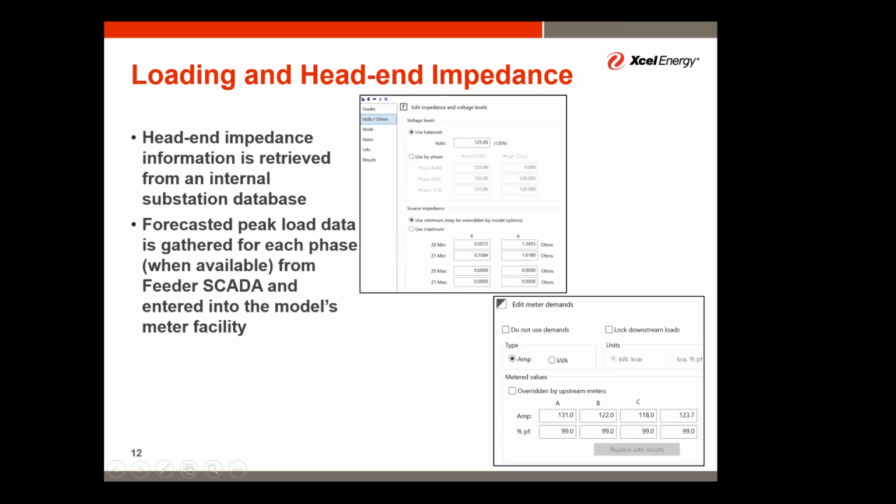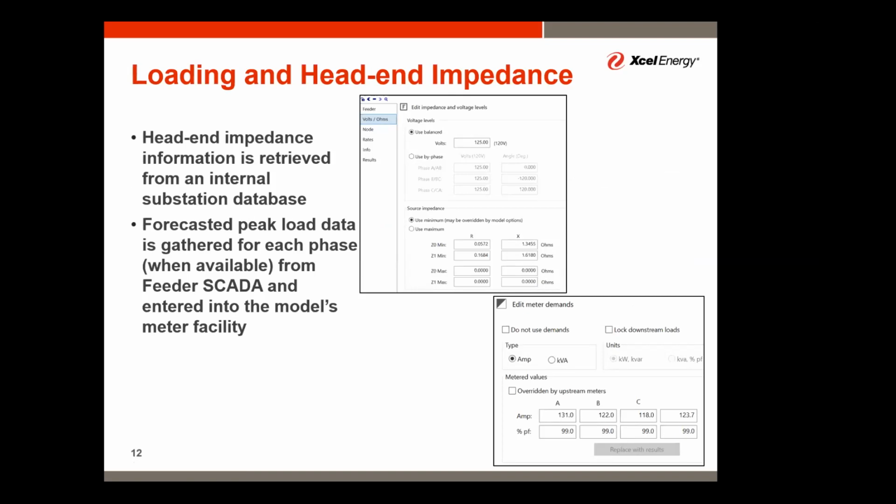So the next phase of model creation is inputting loading and head-end impedance information. Once the model has been cleaned up, the load case needs to be added. Head-end impedances are added based on our internal information and are a necessity for accurate load flows. The peak forecasted load is entered into the model's head-end as well.